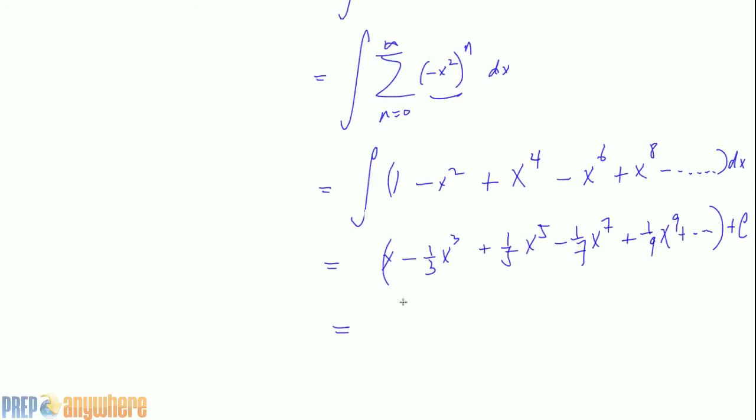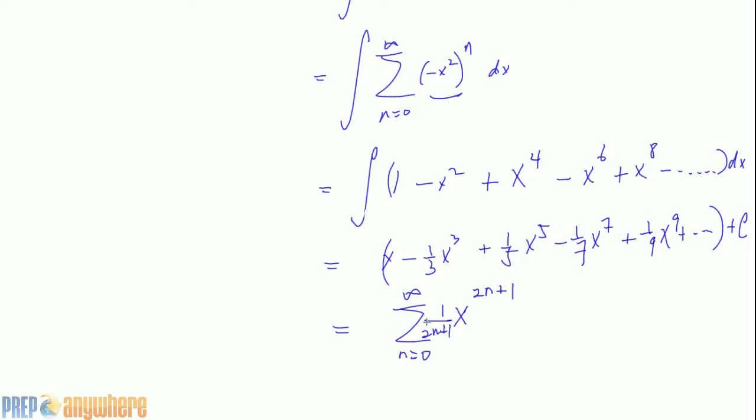So this power series function can be written as, let's clean it up again here, x to the power of 2n plus 1, over 2n plus 1, with n from 0 to infinity.